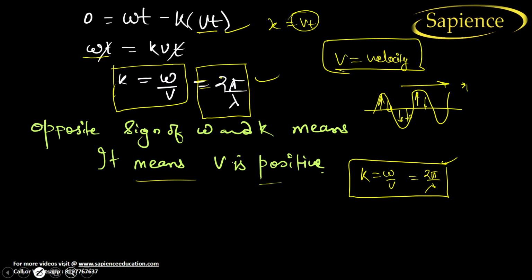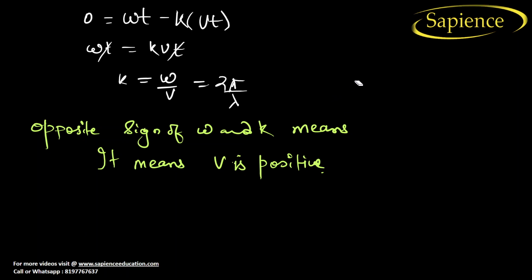What do you mean by this? Let us consider this. There is a wave, and the wave is moving in this direction, in positive x-axis direction. So if wave is moving in this direction, so x is positive.